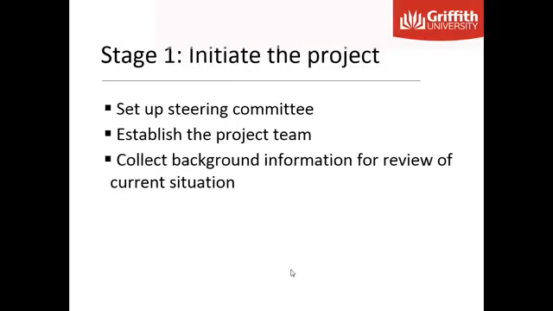So I'm going to finish off by giving you a really generic 5-stage process in terms of the strategic plan. First of all is to start the plan, to initiate the project, which is really to set up a strong steering committee, as I said earlier, consisting of members from all the different stakeholders, and to establish a project team, which is headed by the project leader or the project manager.